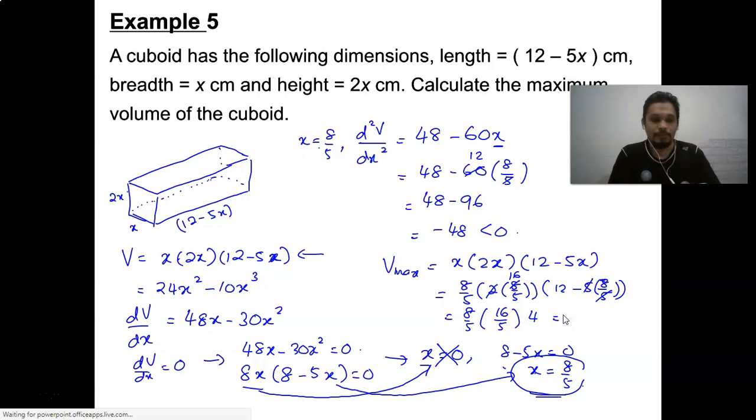So now it is 8 divided by 5, multiplied with 16 over 5, and multiplied with 4. 8 multiplied by 16 multiplied by 4 equals 512, divided by 5 times 5, which is 25.